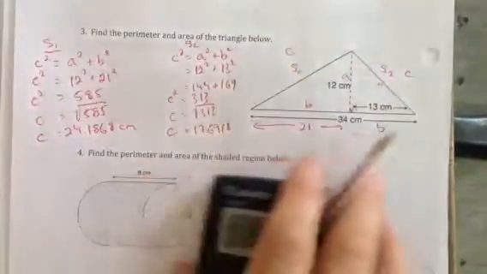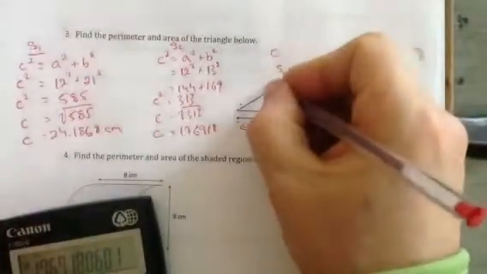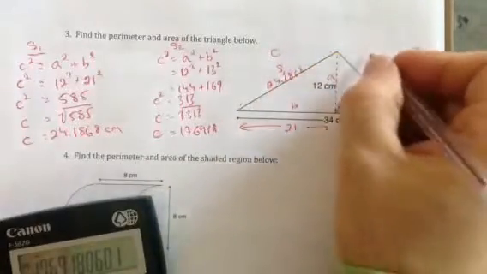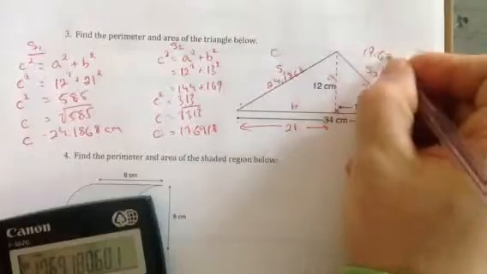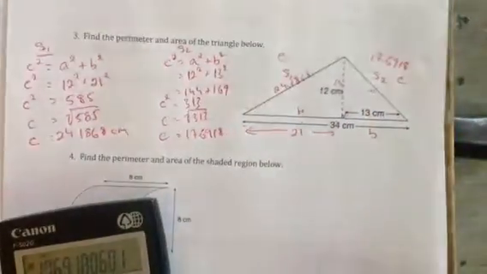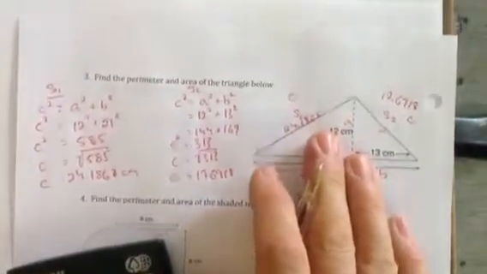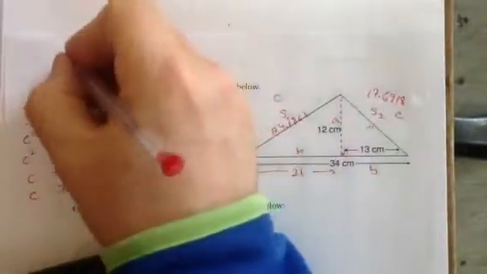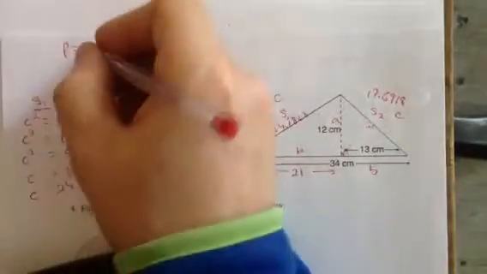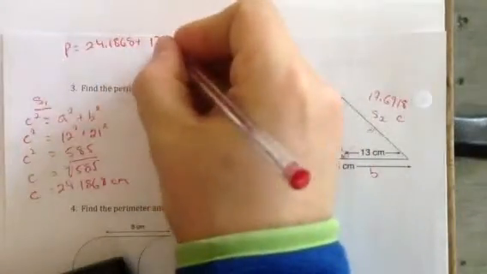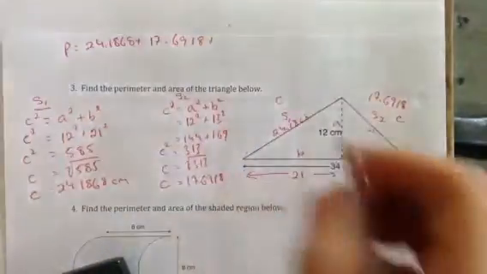So our S1 is 24.1868. And our S2 is 17.6918. Okay, so the perimeter is just going to be adding them all up. So let me just do the perimeter up here. Is equal to 24.1868 plus 17.6918 plus 34.